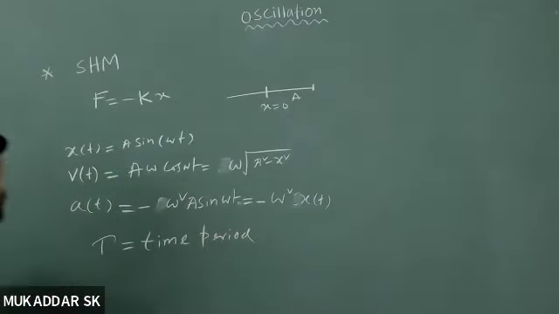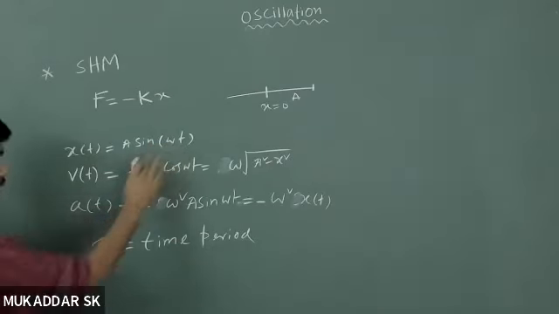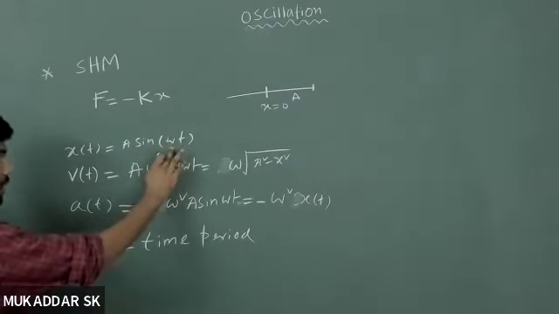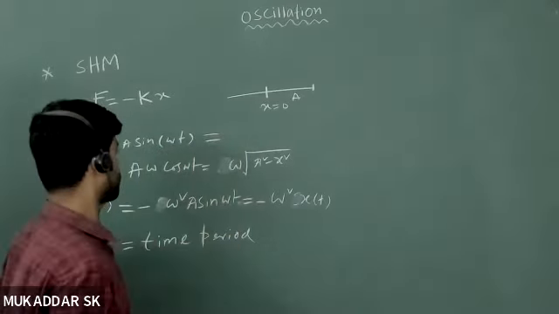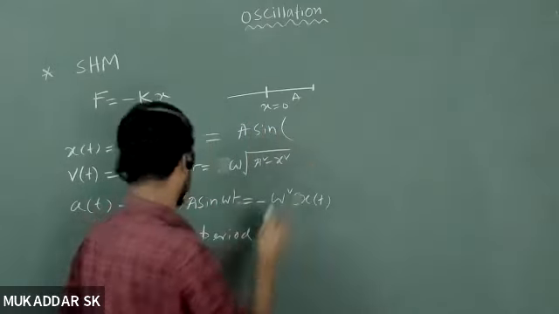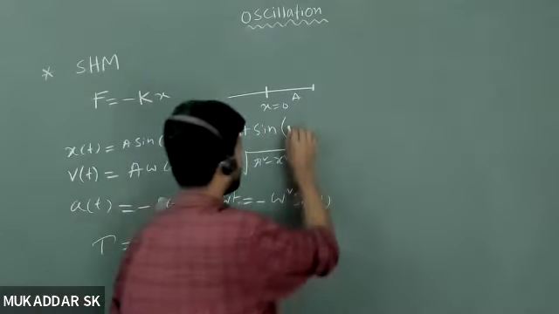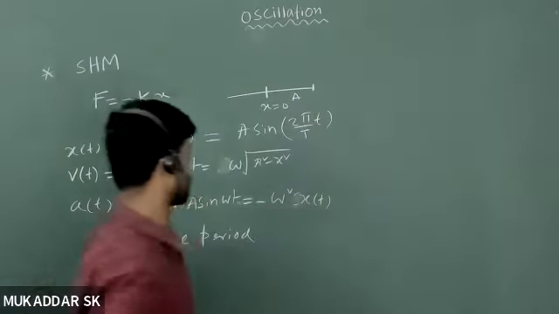If you substitute T, you know that there is a relation between omega and the time period, right? Omega is the angular frequency. So in terms of the time period, this equation can be written as a sine of omega t, where omega is 2 pi by capital T, and you have small t.